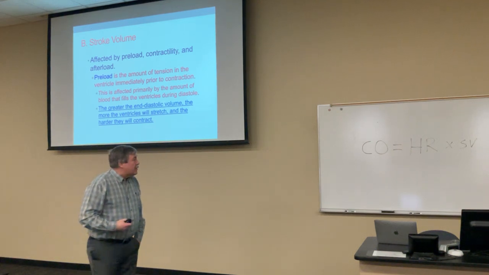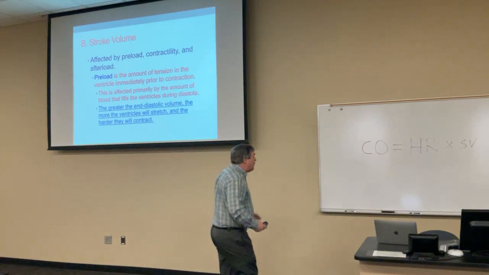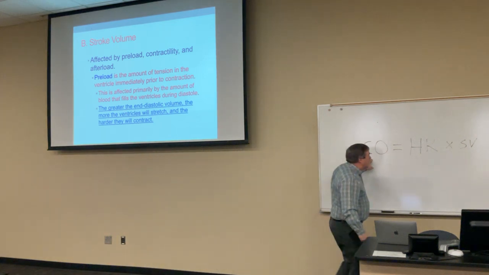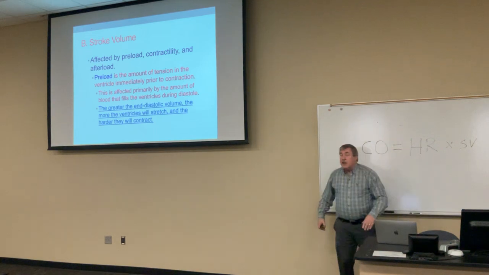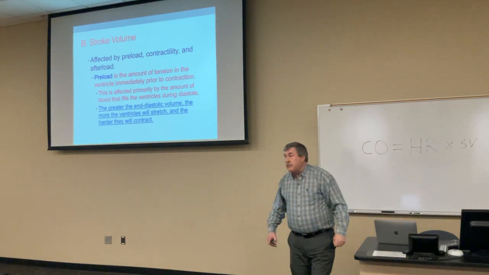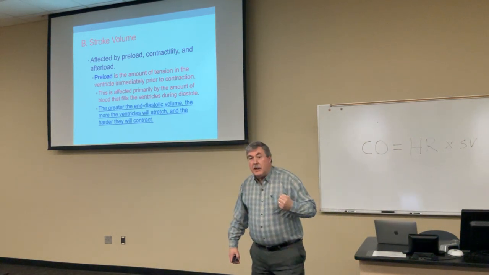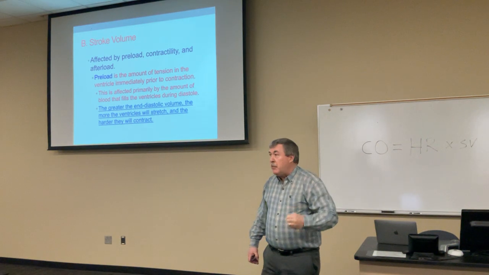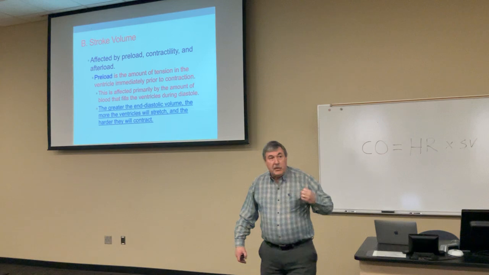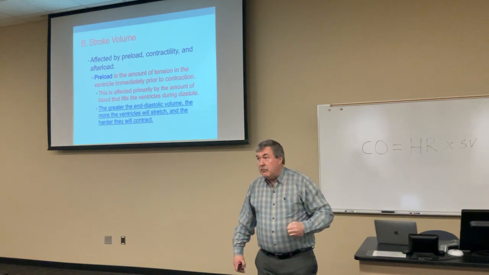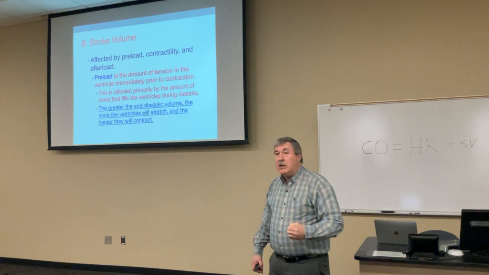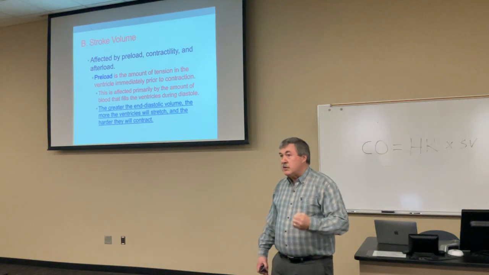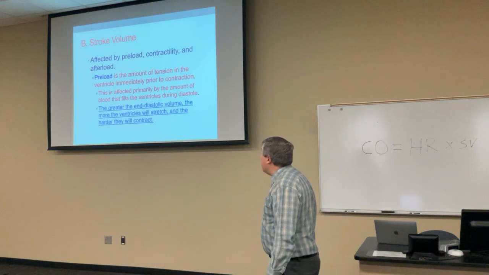Okay, so those are some of the factors that can affect heart rate, but cardiac output can also be increased by increasing stroke volume. Stroke volume is the volume of blood that's pumped by the heart with each cardiac cycle. Okay, more specifically with each systole, which is the stage of ventricular contraction.